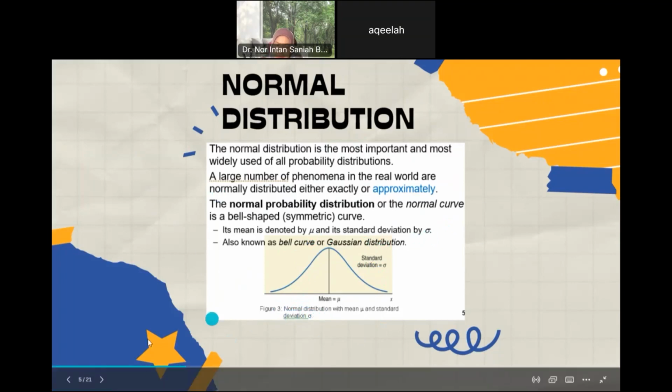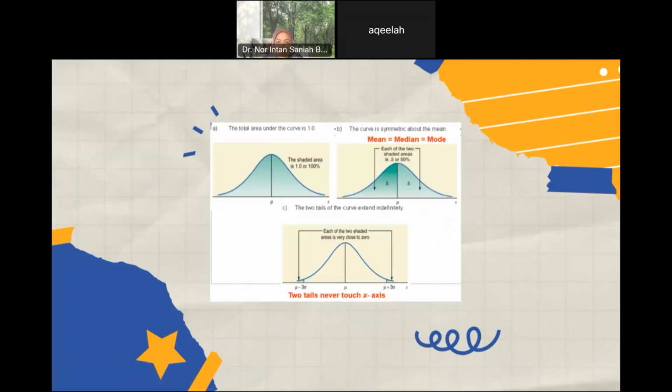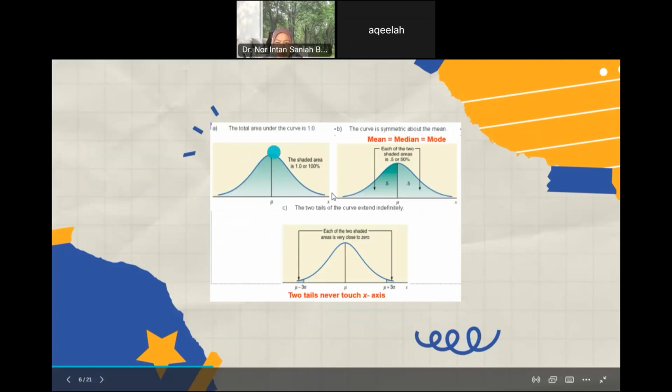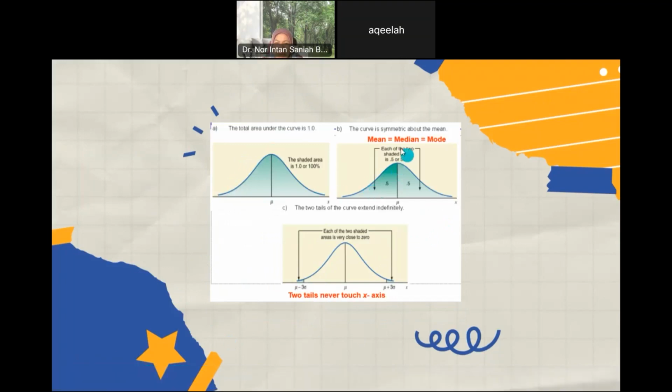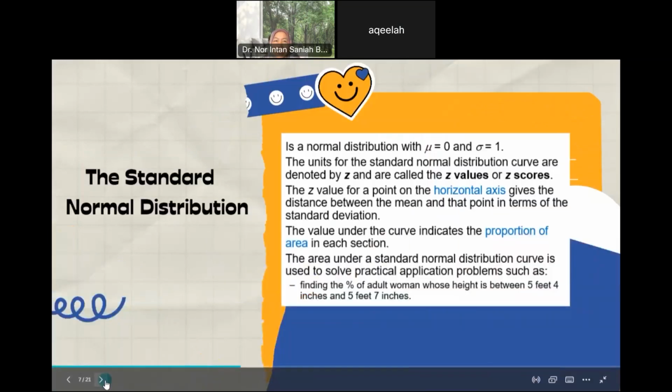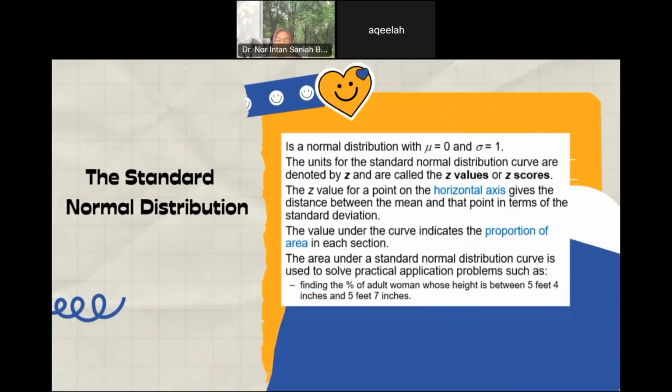When it is symmetric, the mean equals the median equals the mode. Each of the two shaded tail areas is very close to zero, but they never touch the axis. They seem like they will touch, but they do not.